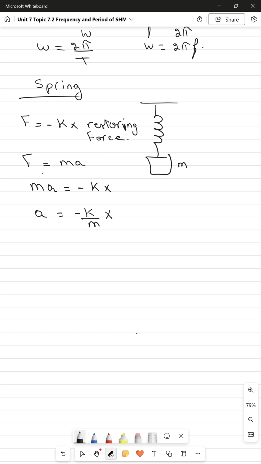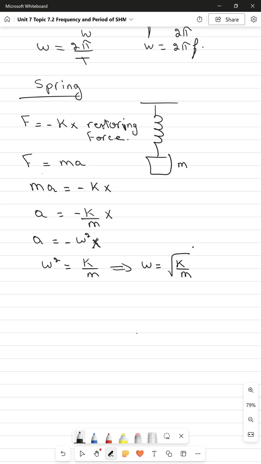We are going to write that a equals minus omega squared x. This one will be derived in the upcoming videos, where the minus omega squared x came from. So omega squared in that case will be equal to k over m. So omega will be equal to square root of k over m.